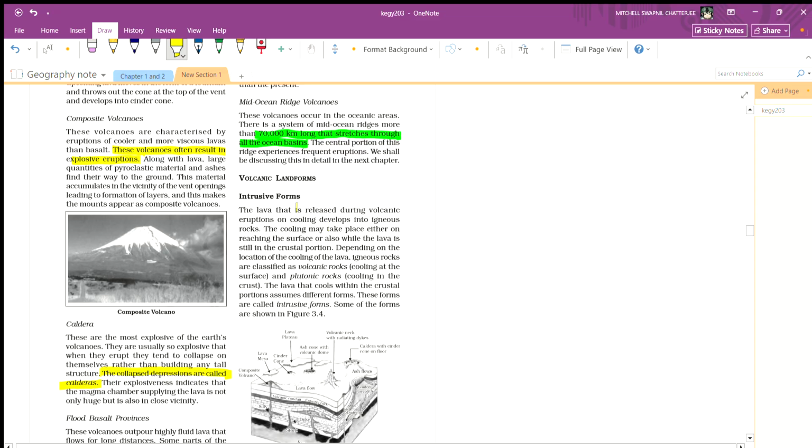Volcanic landforms, intrusive forms. The lava that is released during volcanic eruption, on cooling, develops into igneous rocks.